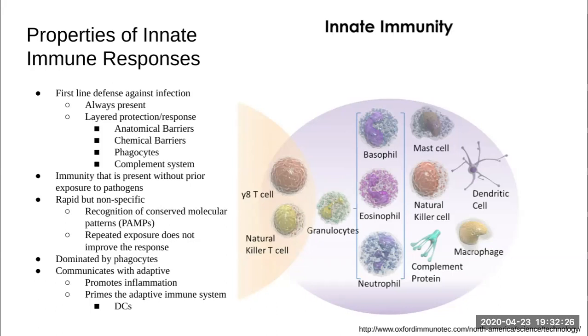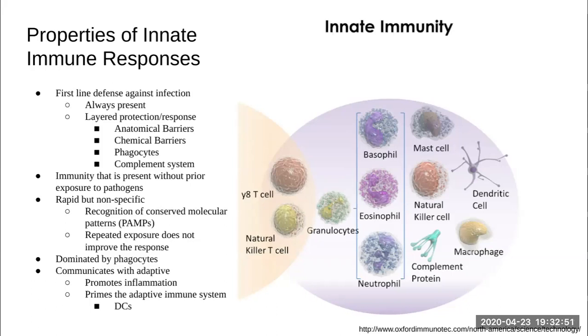We have really salty and low pH skin. We have chemicals that are secreted in tears, and antimicrobial peptides and antimicrobial enzymes present. These are all ways that the immune system always has this chemical barrier present, ready to try to kill anything that invades.